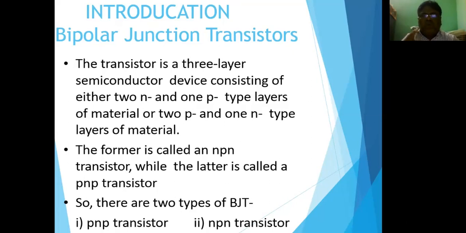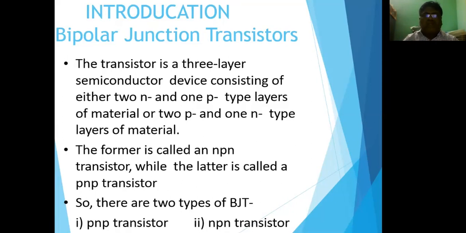Two N layers and one P layer is called an NPN transistor. Two P layers and one N layer is called a PNP transistor. So there are two types of transistor: one is PNP, another is NPN.